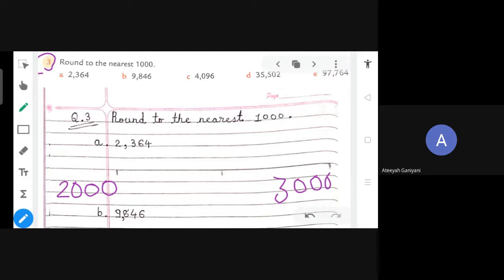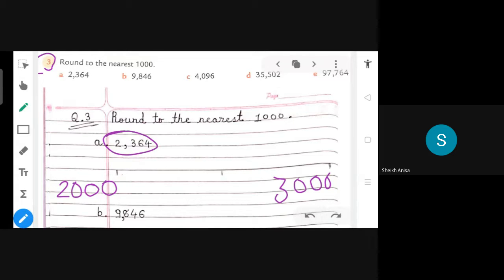Then we have to see our question, whether it is nearer to this one or this one. Who knows? Sheikh Anisha. Ma'am, 2000.